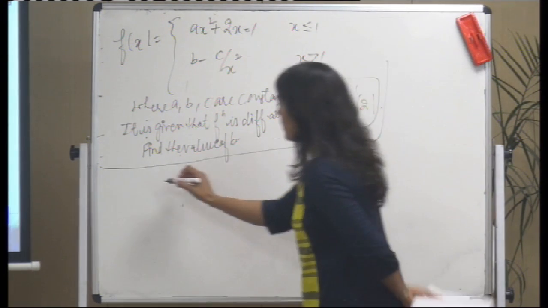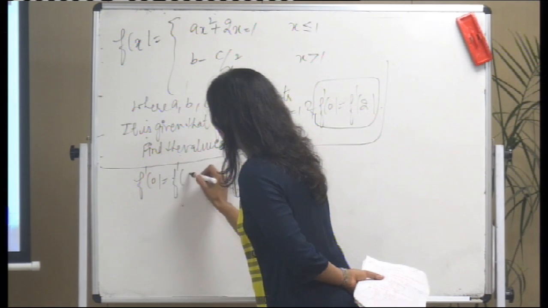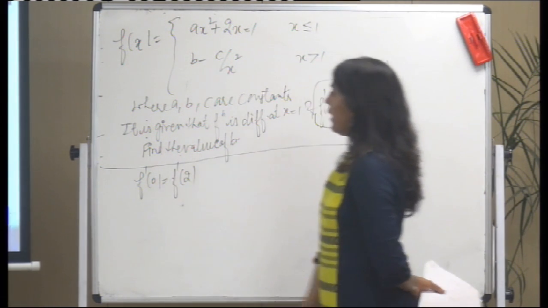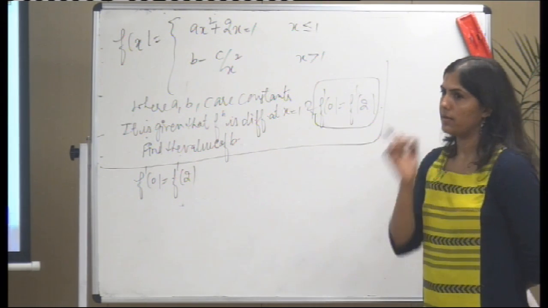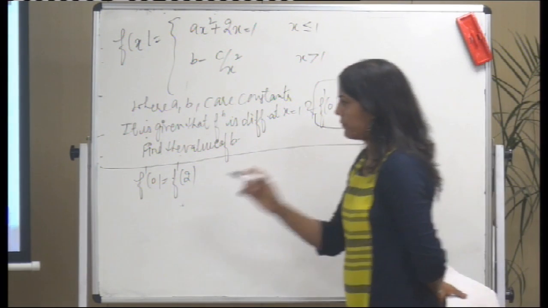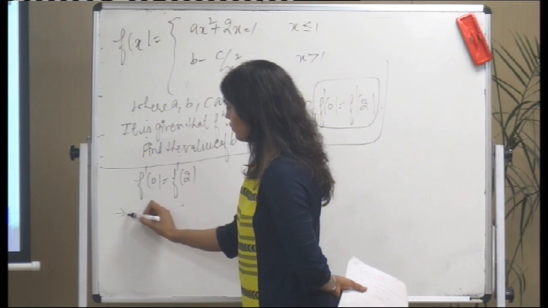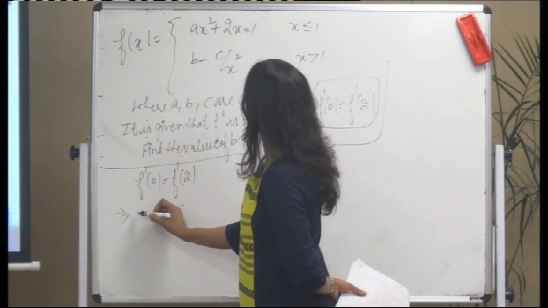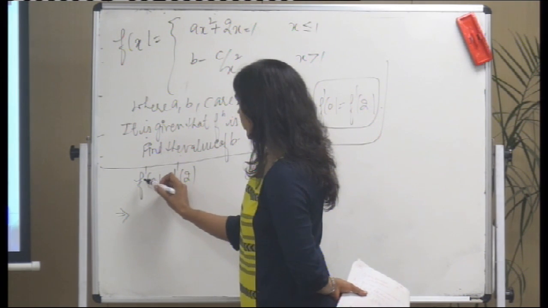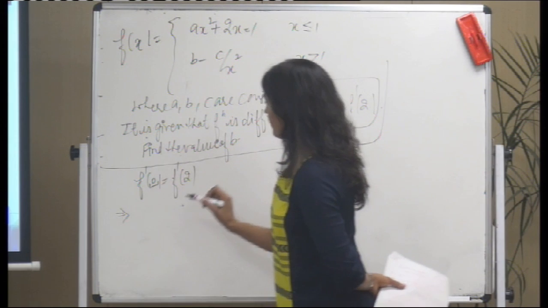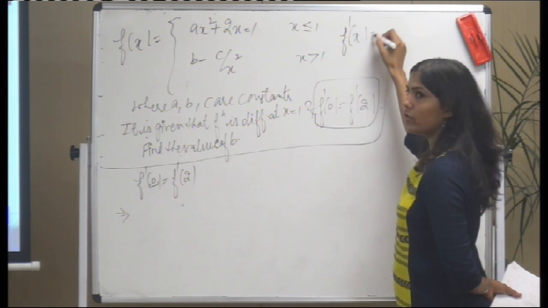f'(0) equals f'(2). What does it mean? It means the value of the derivative at 0 and at 2. I write down the direct method.